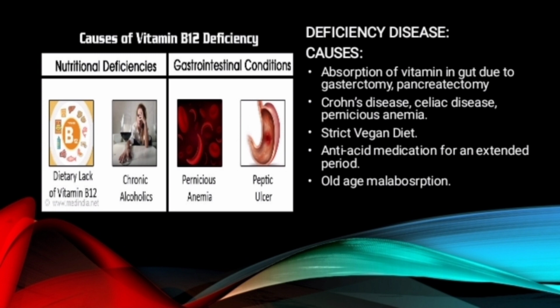B12 deficiency can also cause irreversible damage to the nervous system, reflected as paresthesia, ataxia, loss of position and vibratory sense, and optic neuropathy. The neurological symptoms are believed to result from a decreased supply of methionine, which normally provides one carbon, that is the methyl group, for the synthesis of choline.